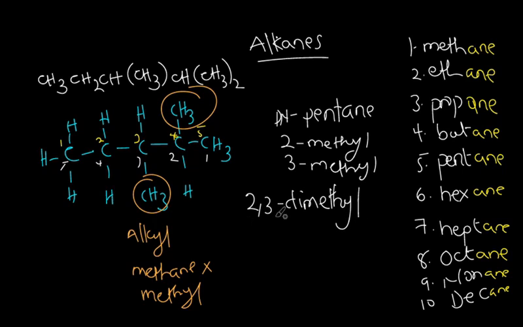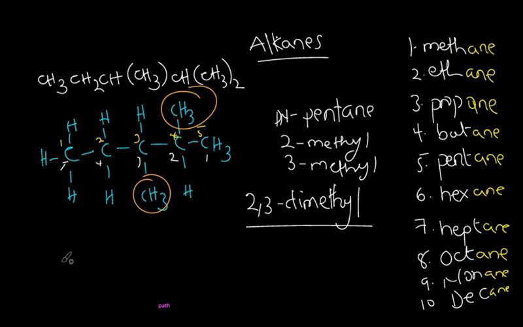We just join the substituent with the parent name, and then we have the name of our compound. So the name of this compound is going to be 2,3 dimethyl pentane.